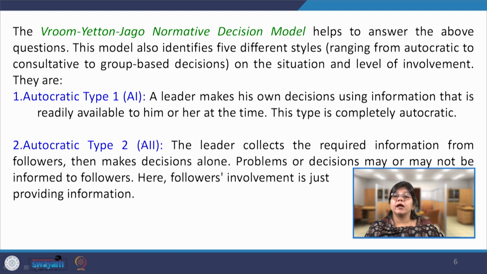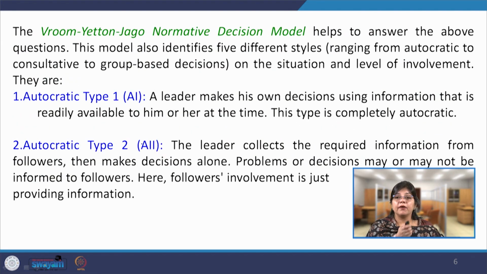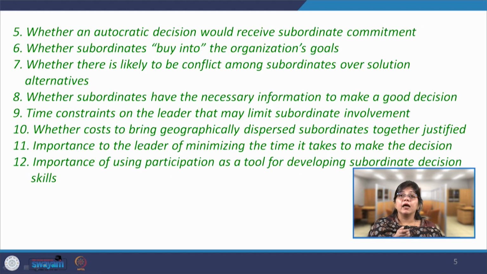The model also identifies 5 different styles ranging from autocratic to consultative to group-based decisions, depending on the situation and level of involvement. Based on these 12 contingencies, and as an extension of the theory, they have proposed a normative decision model where different leadership styles fit these contingencies.